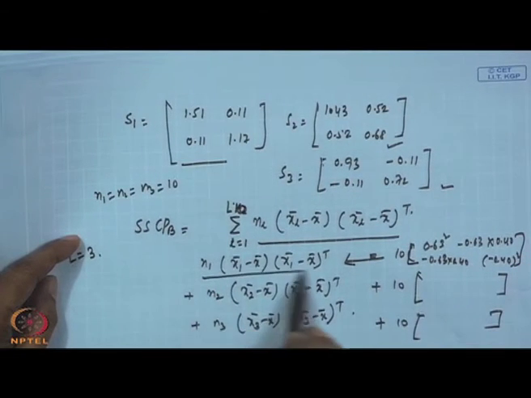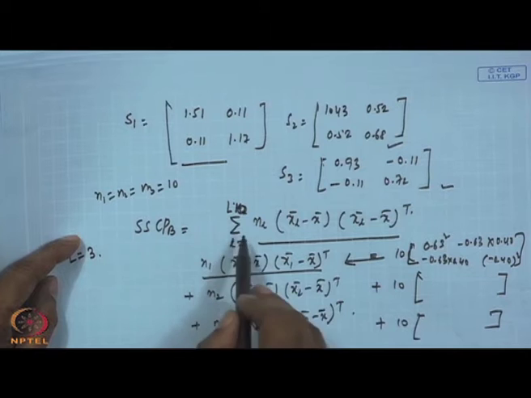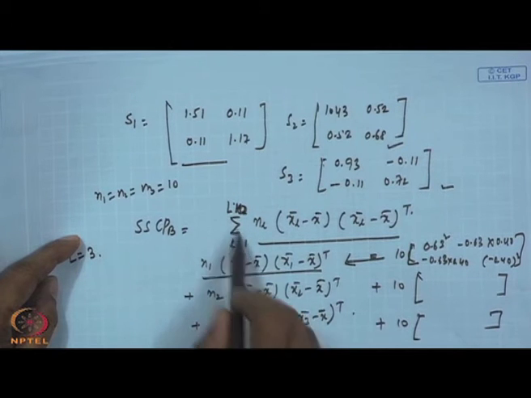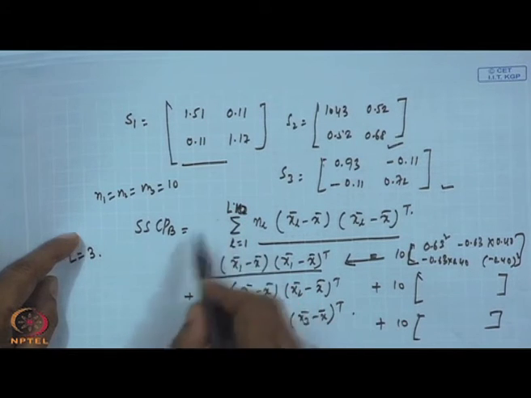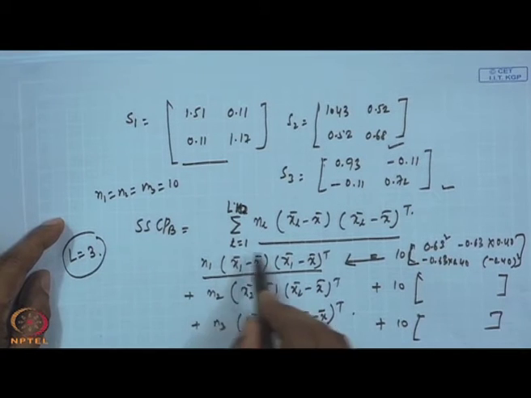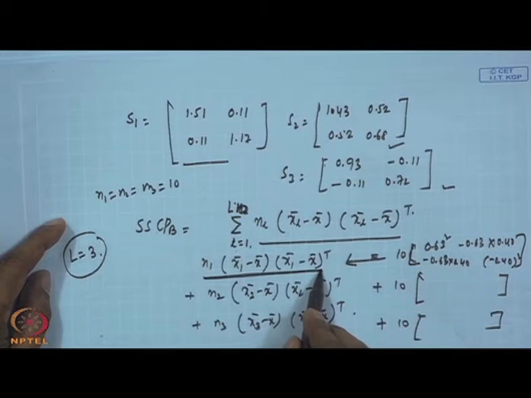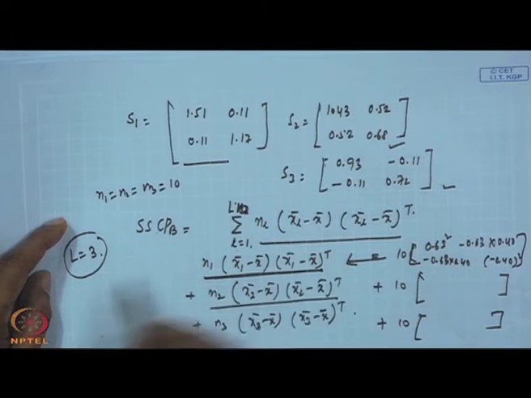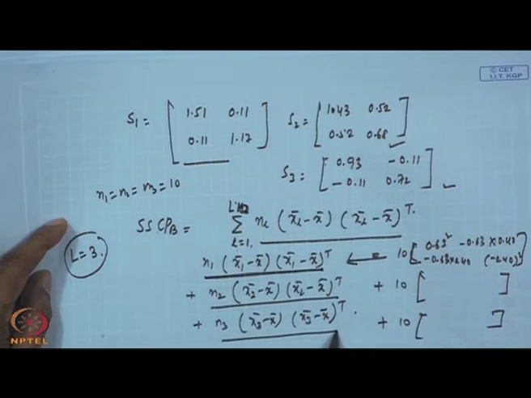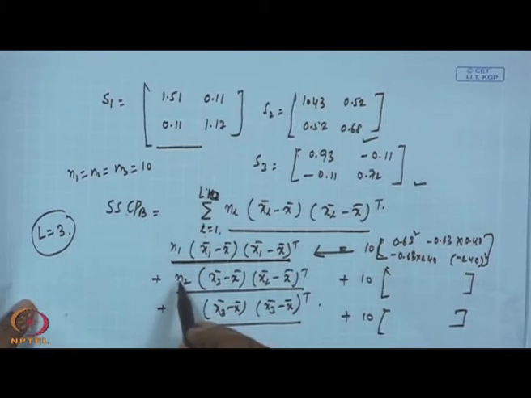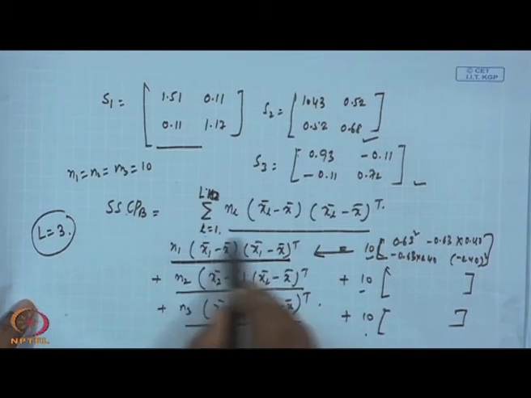That is n1 into this, because it is the sum total over L equal to 1 to capital L. Our capital L is 3. If I put L equal to 1, then this is the quantity. If I put L equal to 2, then this will be the quantity. If I put L equal to 3, then this will be the quantity. Our case is the equal size case, so n1, n2, n3, I am putting 10, 10, 10.